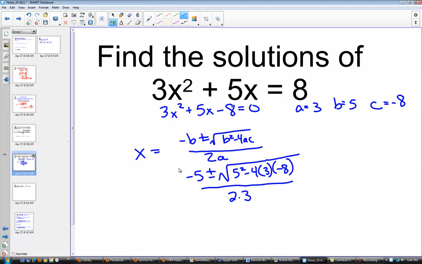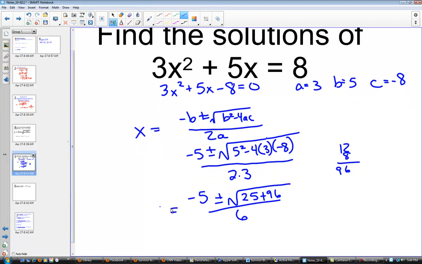Now we have to use Aunt Sally's rules. I usually start inside the square root, and I get 25 minus, but because I have negative and negative, I'm going to get plus, and then 12 times 8 is 96, so plus 96, negative 5 plus or minus the square root all over 6.